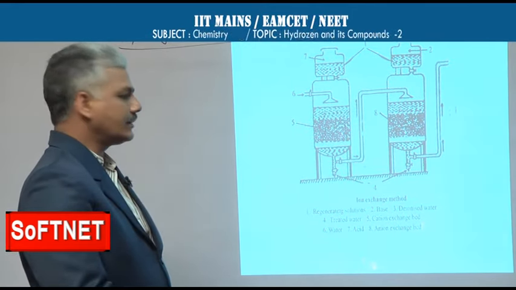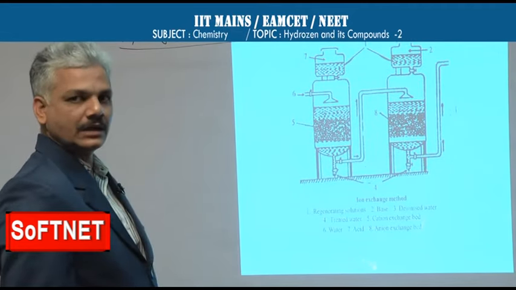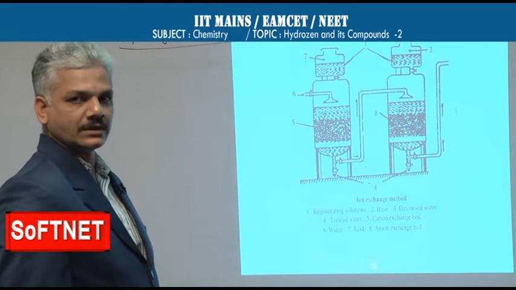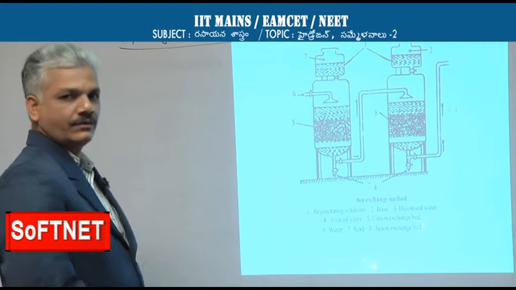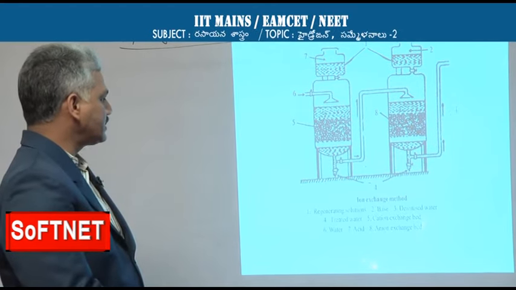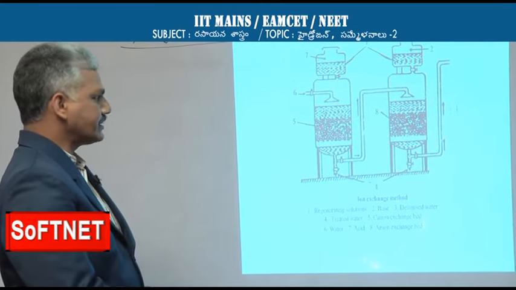In this method, all types of cations and anions are removed from water, and hence even the taste of water also can be changed. Now, how it works? The cation exchanger consists of resins called acidic resins.